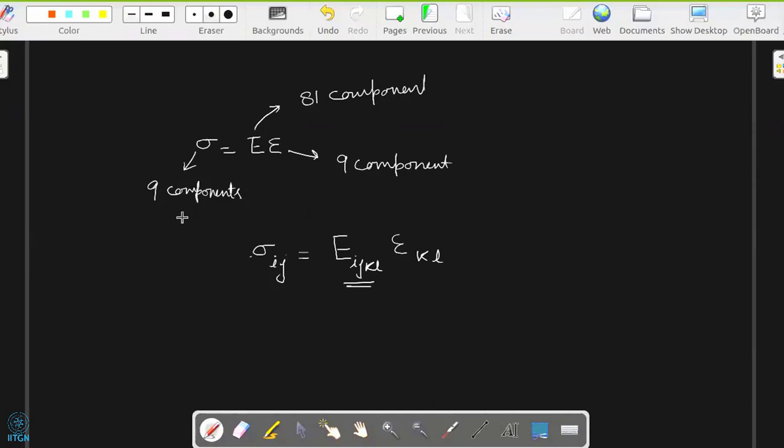Finally, because of symmetry, stress reduces to 6 components and strain again has 6 components, since tau_xy is equal to tau_yx, so it reduces to 36 components. Further, you impose some conditions; for the isotropic condition, only 2 constants are required to define this. Any other question?